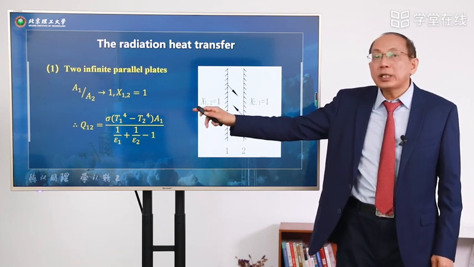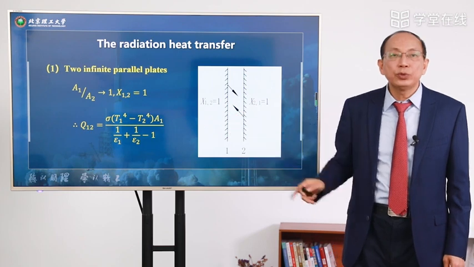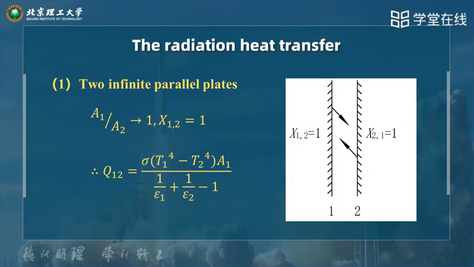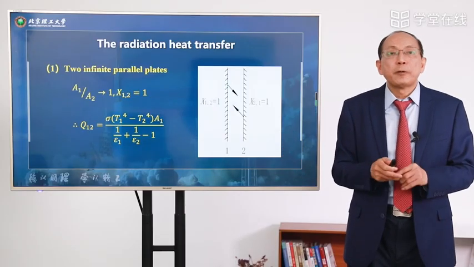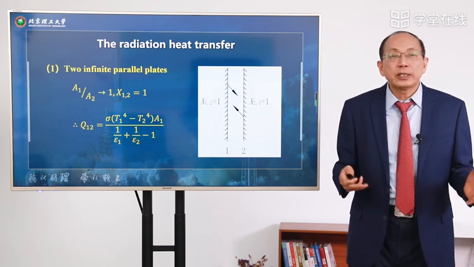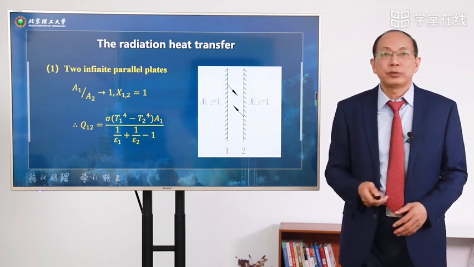So the heat exchange Q1 to 2 equals sigma times (T1 to the fourth power minus T2 to the fourth power) times A1, where A1 is the area, divided by (1 over epsilon 1 plus 1 over epsilon 2 minus 1). This equation is very famous, so I hope students can remember it.